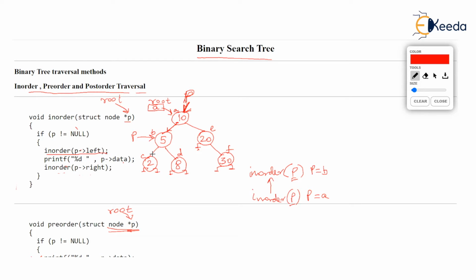This left we are talking about now, and that left is indeed the address of 2, that is C. So we are passing the address of the left child, and in-order is invoked again with parameter P equal to C. P is literally pointing to C.